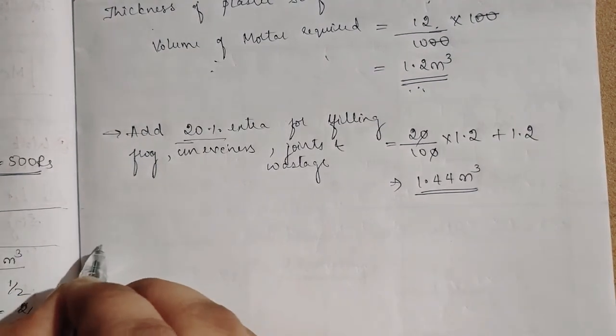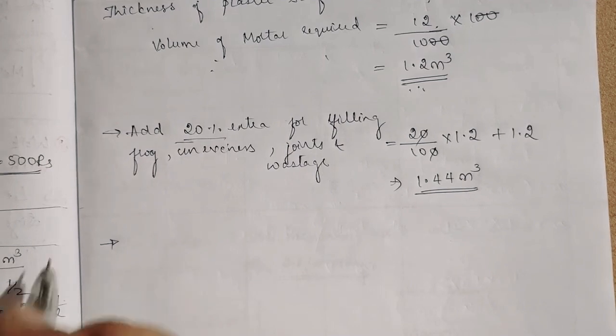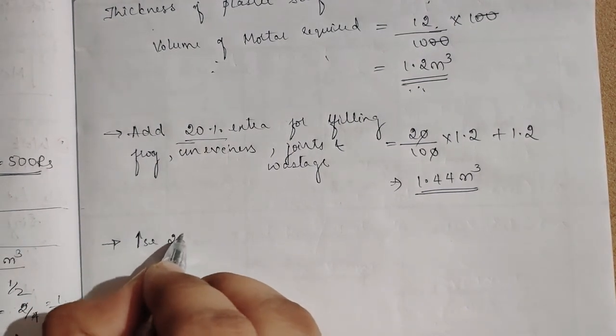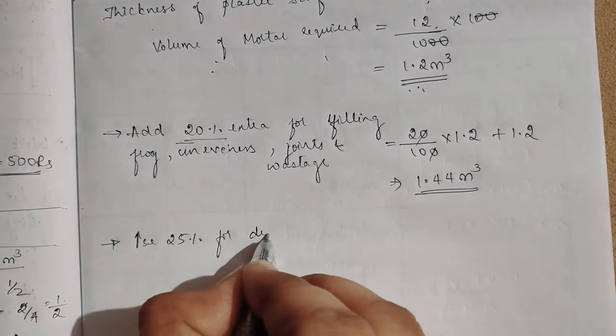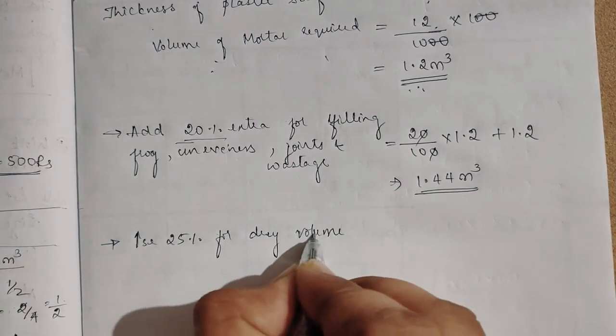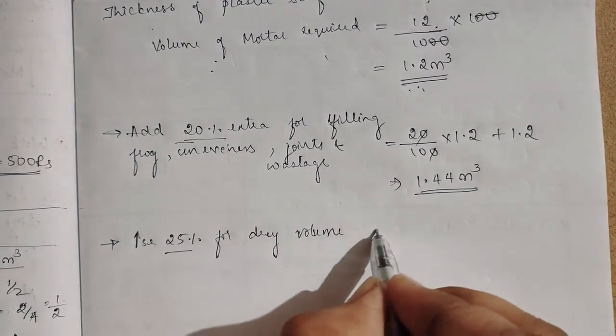And also I'll add for the shrinkage, so I'll increase 25% for dry volume. You know why we take this, because of the shrinkage and all, we'll take 25% extra.